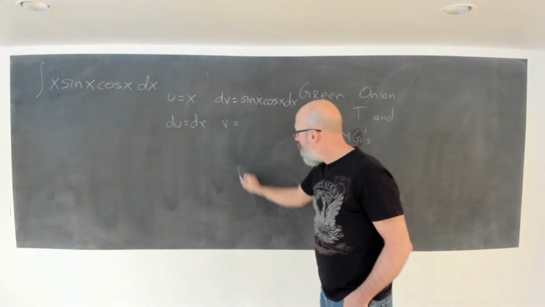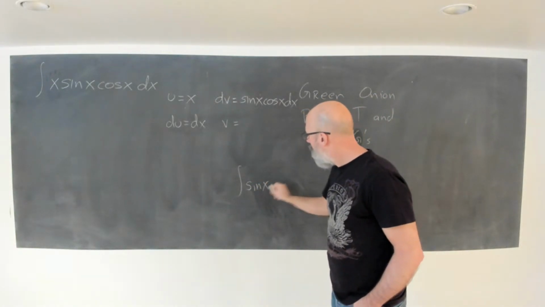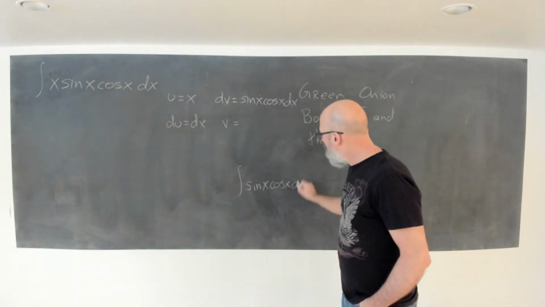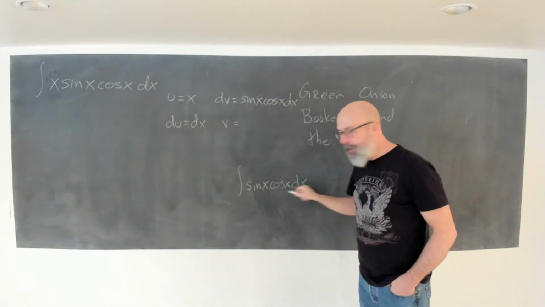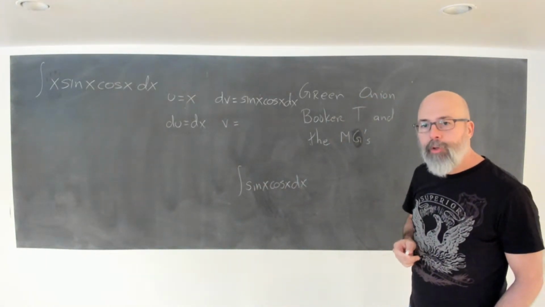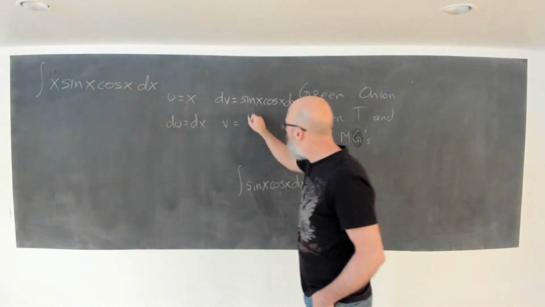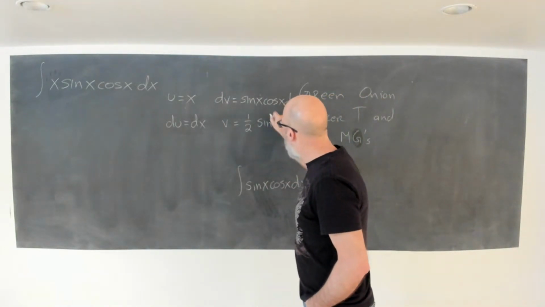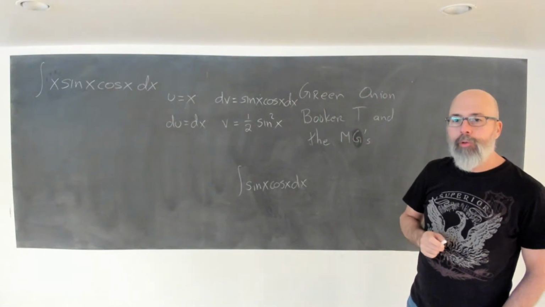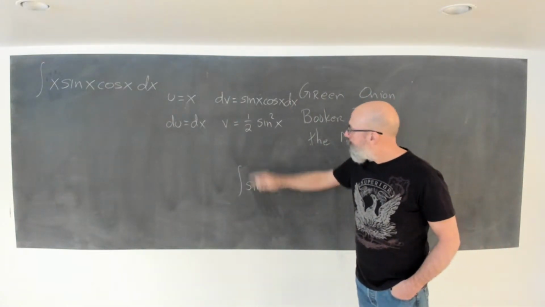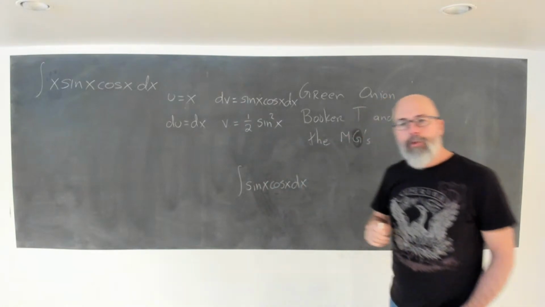So let's take a moment, and how would you integrate sine x cos x dx? You see that the derivative of sine is right here. So a simple u substitution, absolutely. If you see it, 1/2 sine squared, and we're good to go. If you don't see it, do a u substitution here.